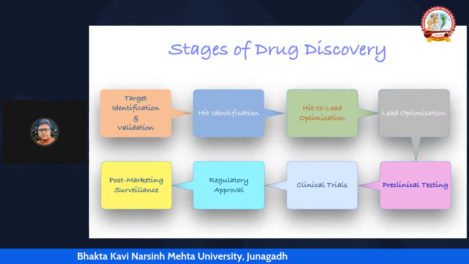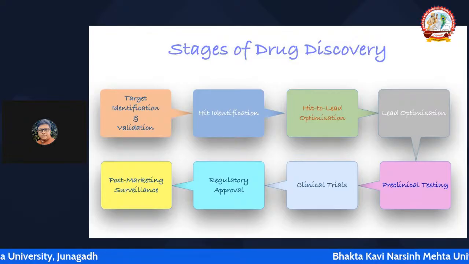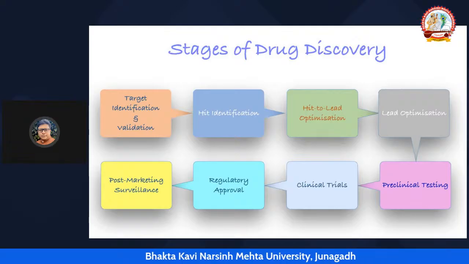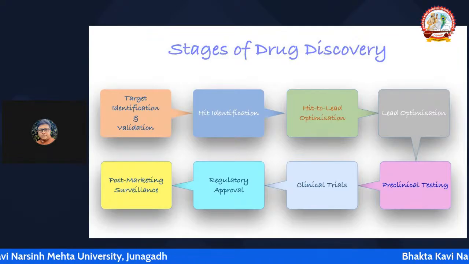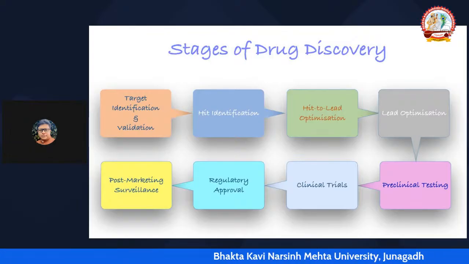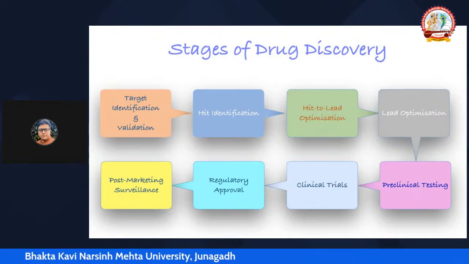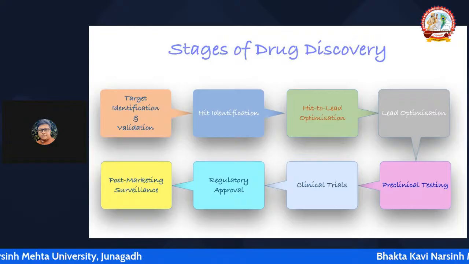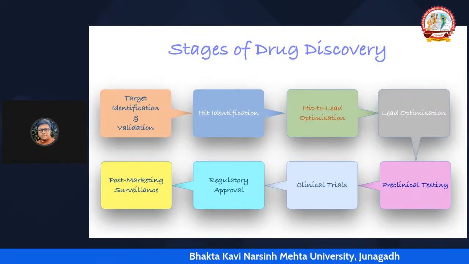Now, hit to lead basically involves identifying or shortlisting compounds based on a lot of computational and theoretical study, computational and experimental studies. Lead will be the compounds that you take into your clinical or animal studies. The molecules that you take for animal studies will be referred to as leads.